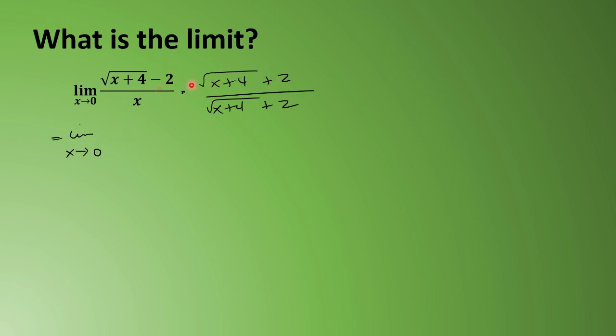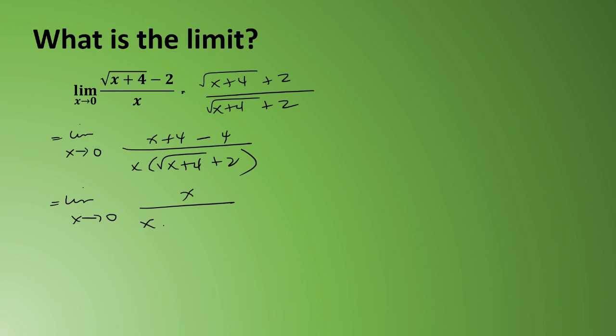In the numerator, we have the sum and difference of two binomials. So we have x plus 4 minus 4 over x times the square root of x plus 4 plus 2. Simplifying our numerator, that would be x over x times square root of x plus 4 plus 2.